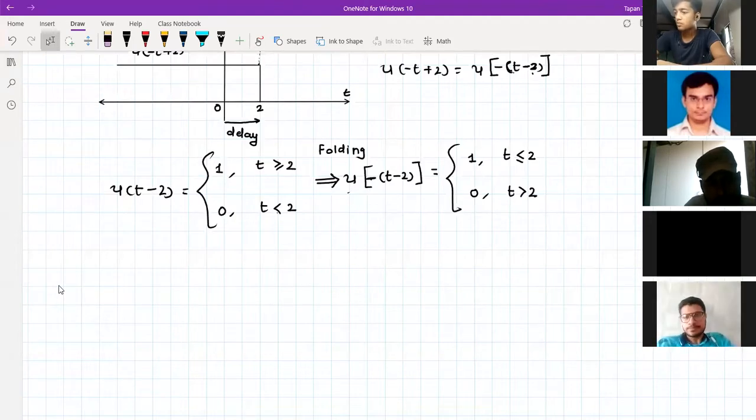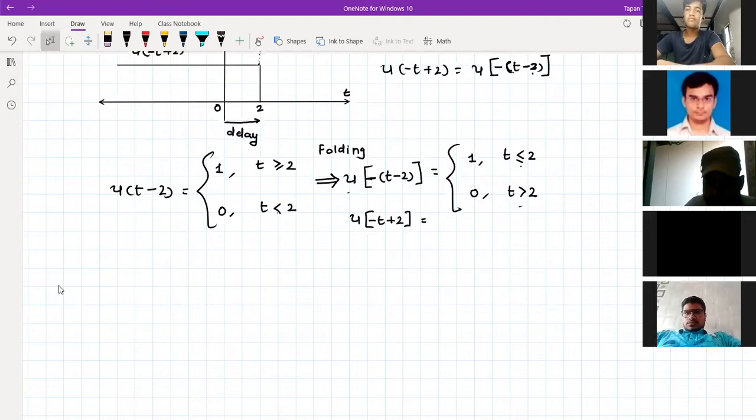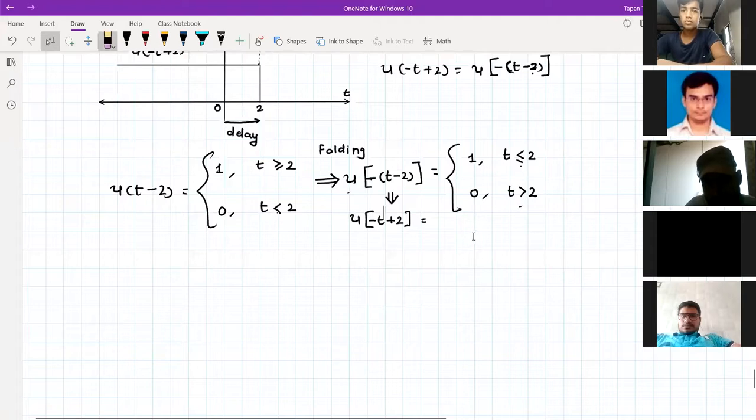So because of this minus, the sign greater than or equal to and less than changes, and this is what u of minus t plus 2. Understand this?